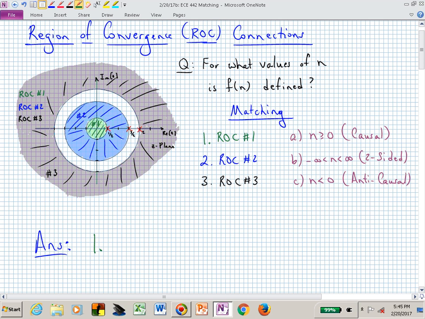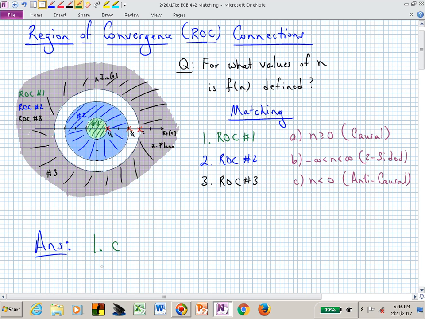So, A, B, or C on the count of 3. 1, 2, 3. So I see most thumbs are down, so that would be C. Correct. So that's anti-causal. Hopefully no one broke a thumb trying to answer that question.